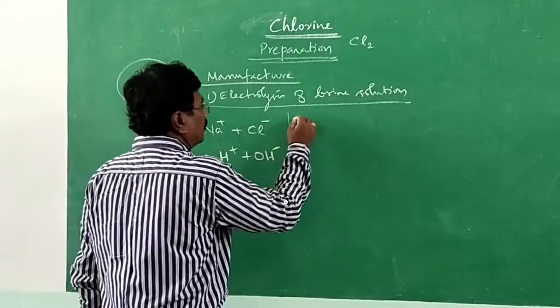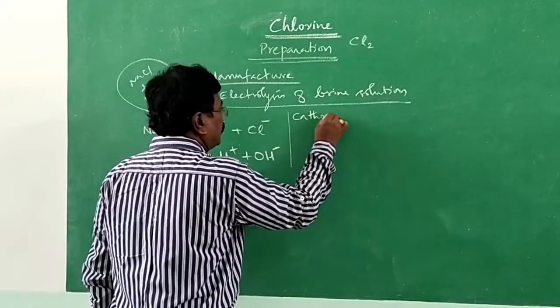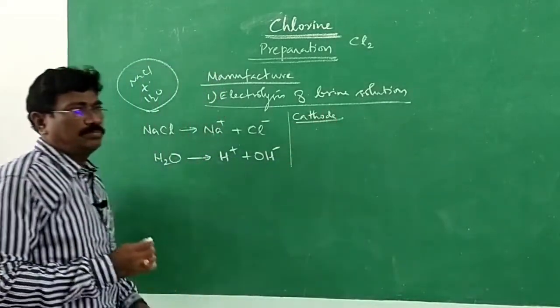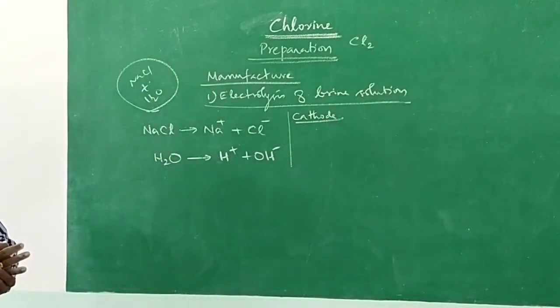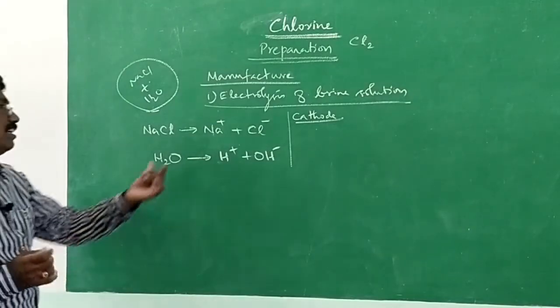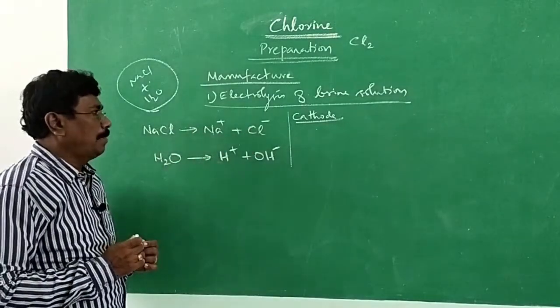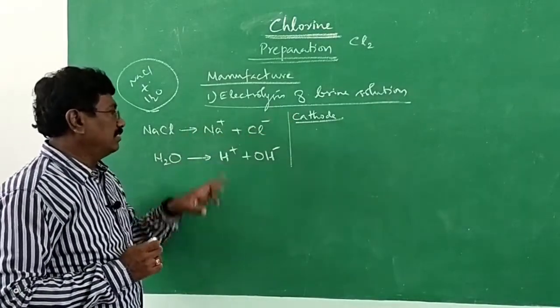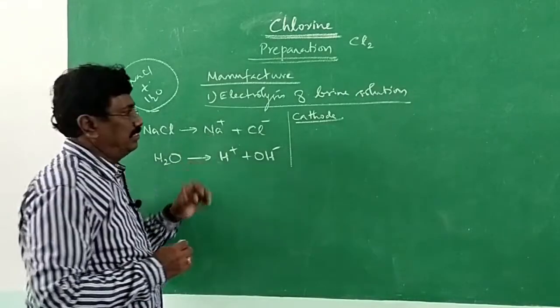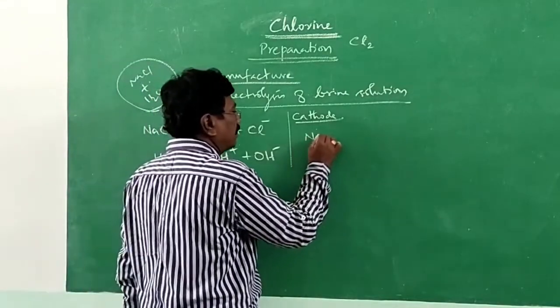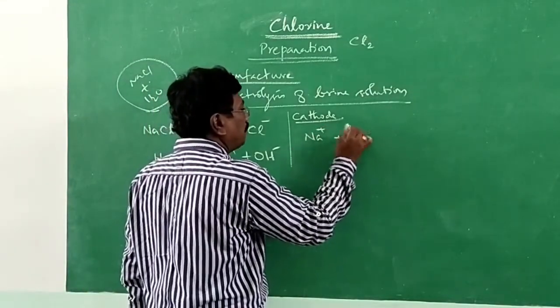And at the cathode, what are the ions available? Cathode means negative electrode. Cation means positively charged ion. So Na plus ions accept electrons.